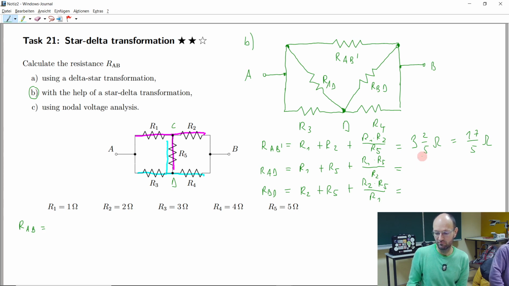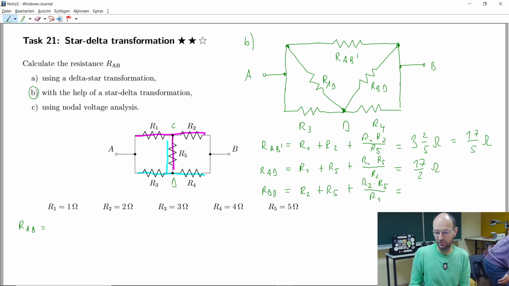And we have additional 6. And if we expand 6, 2 over 2, it's 12. And 12 plus 5 is also 17. So here we get 17 over 2 ohm.